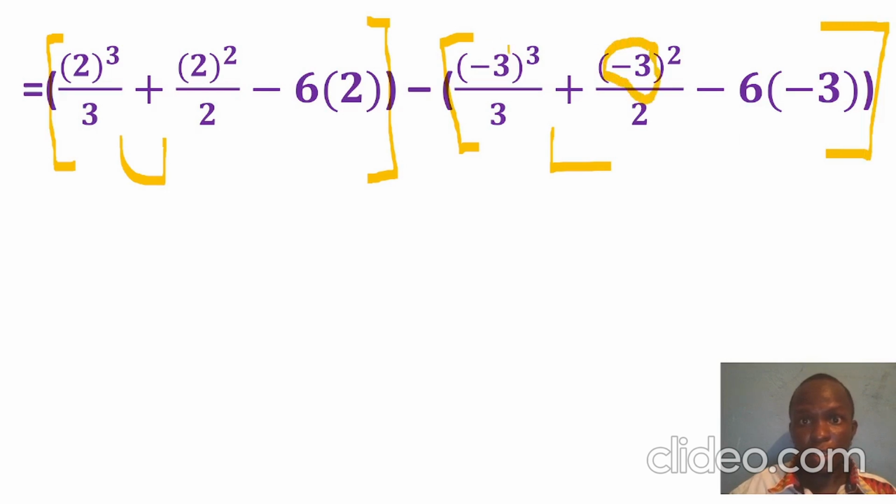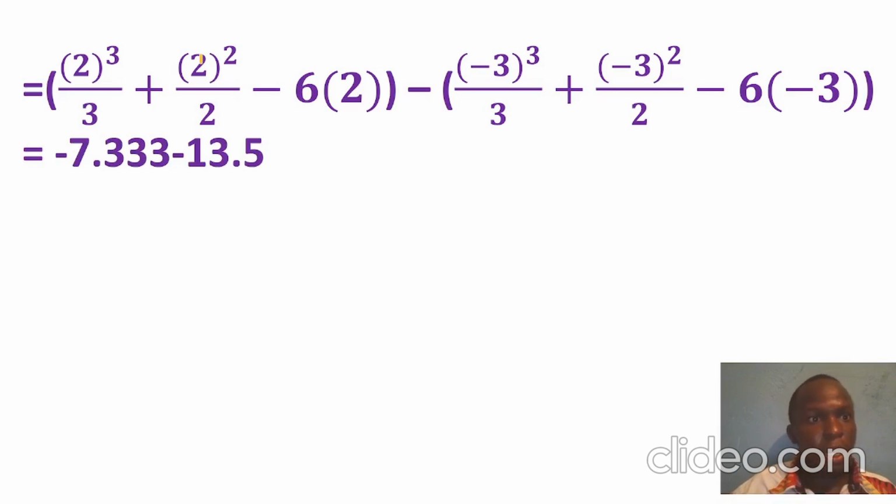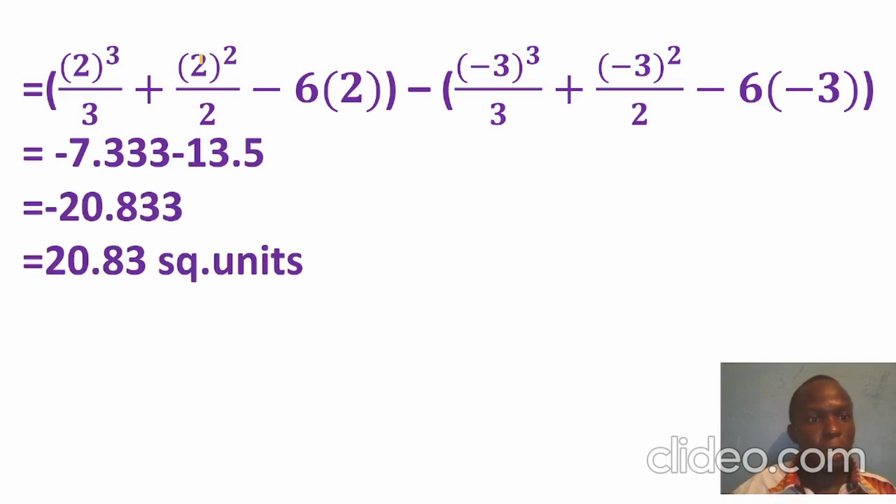Where we have x, substitute the minus 3 on that side. On the right hand side, where we have x, substitute the 2. So that is what has happened. And then the final answer is 20.83 square units. So that is the end of our tutorial.